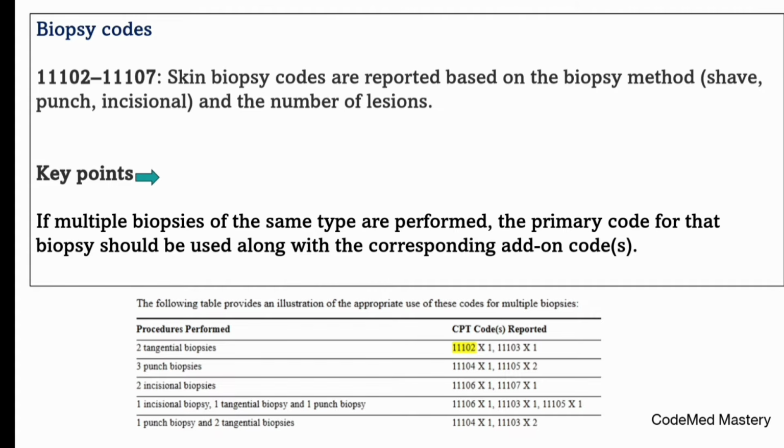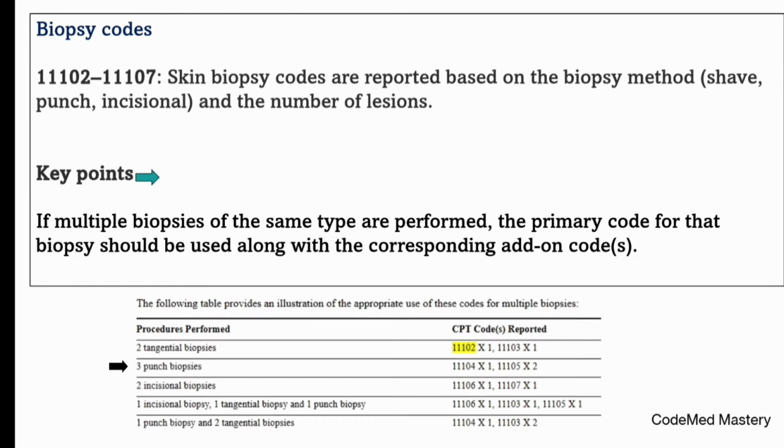Here there is a table which provides an illustration of the appropriate use of these biopsy codes. This table is present in your CPT manual under Integumentary system, biopsy. You can see if two tangential biopsies are performed, we will use 11102 once and 11103 once. 11102 is for tangential biopsy and 11103 is the add-on code.